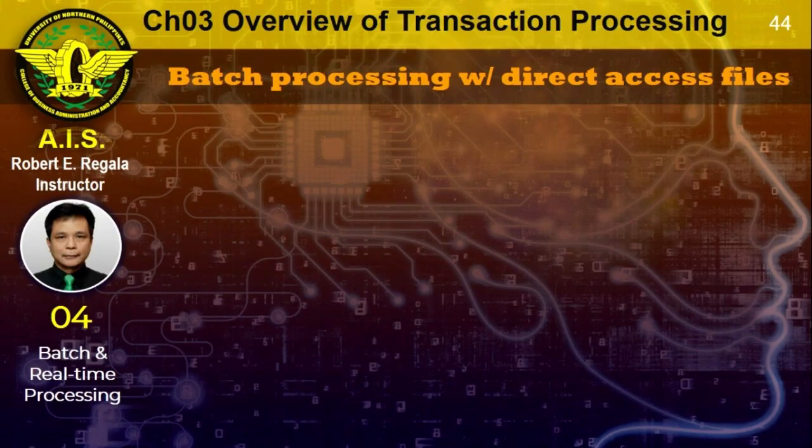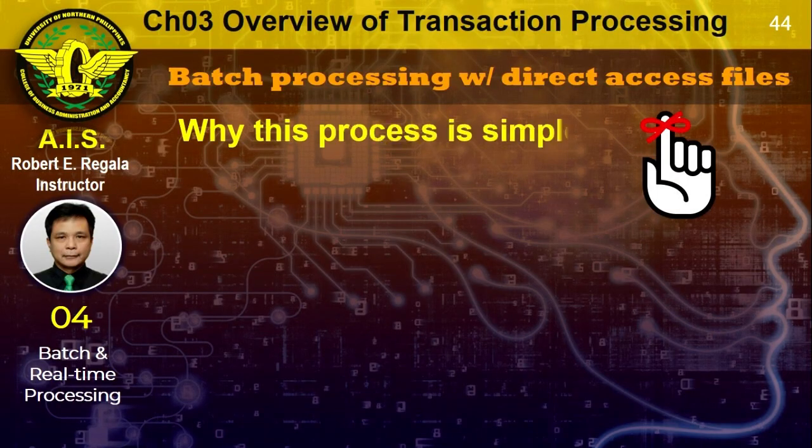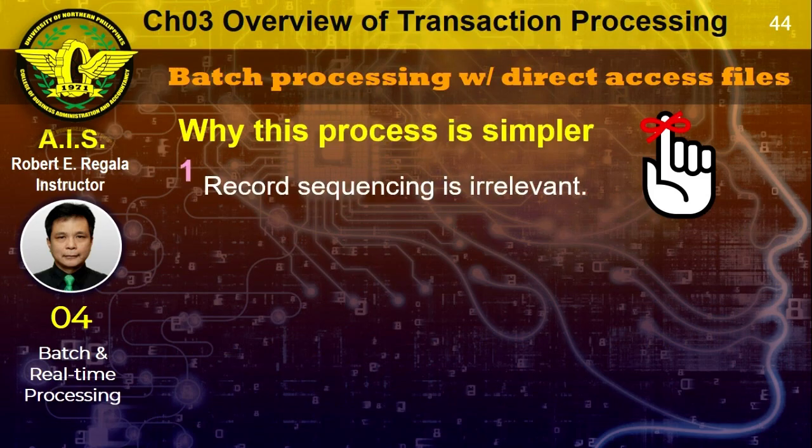Notice that this logic is simpler than that used for sequential files. There are 3 reasons for this. First, because record sequencing is irrelevant, the logic does not need to consider the relationship between the transaction and master key values. Consequently, the update program does not need to deal explicitly with the problem of multiple transaction records for a given master record.